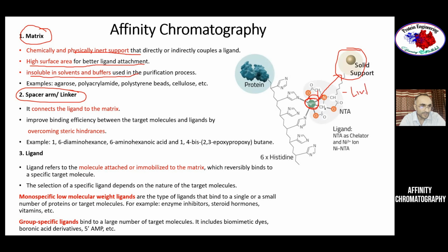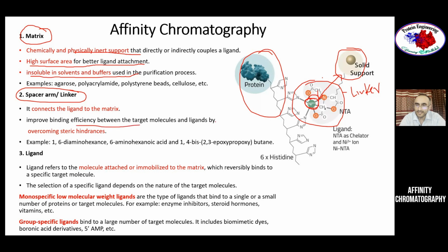The purpose of the linker is to connect the solid support, the agarose or polysaccharide beads, to the ligand. This is required in order to expose the ligand outside, so that this ligand can easily interact with the protein or analyte in question.